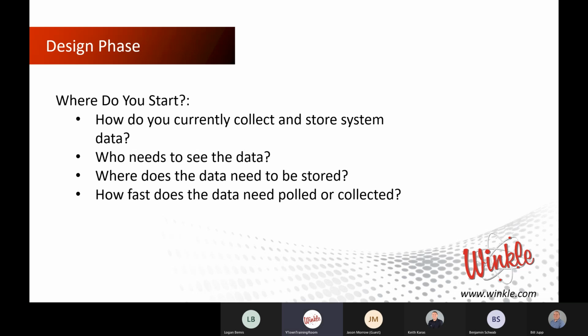So where do you start? When you're having the discussions about where you want to go, you have to ask yourself: how do you currently collect and store your system data? Who needs to see the data? Where does the data need to be stored? And how fast does it need to be pulled or collected?